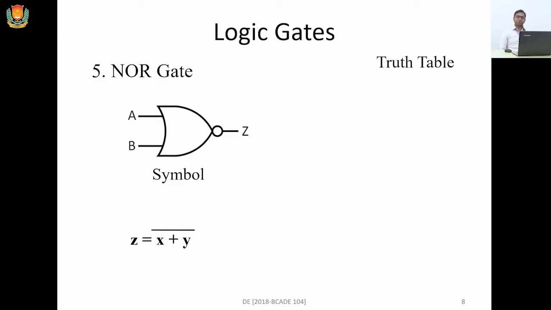N represents the NOT gate and OR represents the OR gate itself. In the NOR, the expression will be, suppose we have two inputs A and B, first of all we add A with B and then take the overall complement.